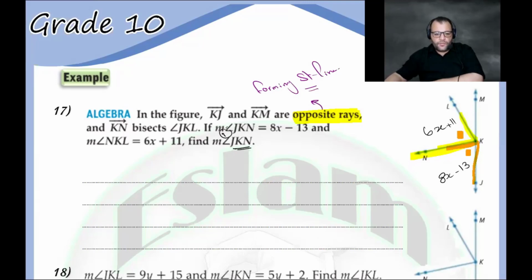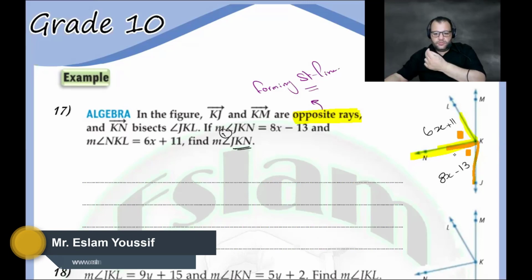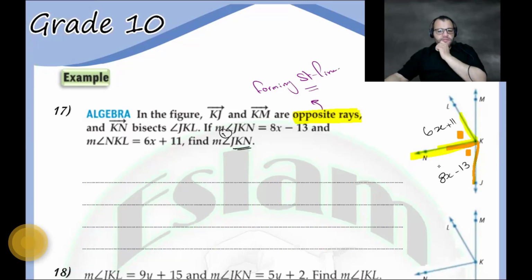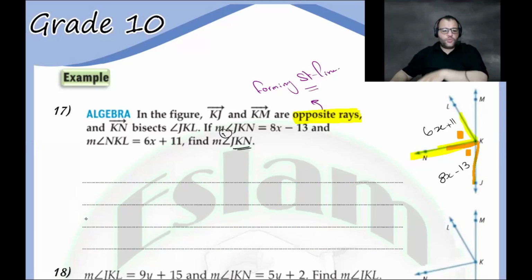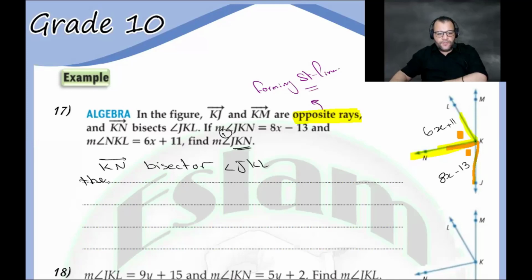So it will be 8x minus 13 equals 6x plus 11. How do you know that? Because the two parts are equal. Why are the two parts equal? Because KN is a bisector. So you have to write: because we have KN as a bisector of angle JKL, then angle JKN equals angle NKL.